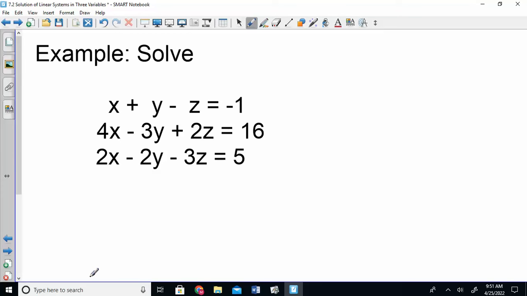So if I want to get a solution, we're actually only going to take 2 equations at a time.